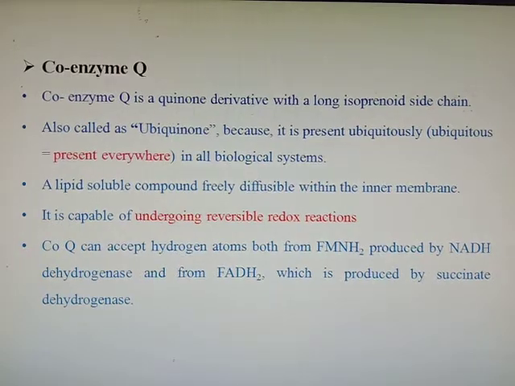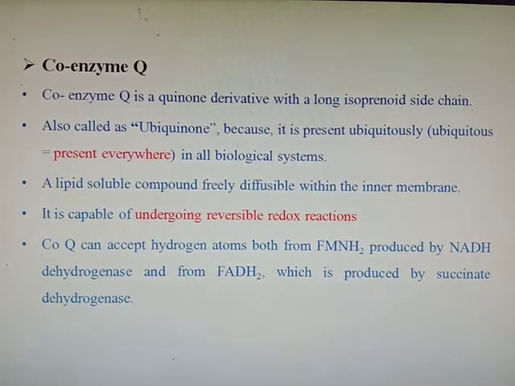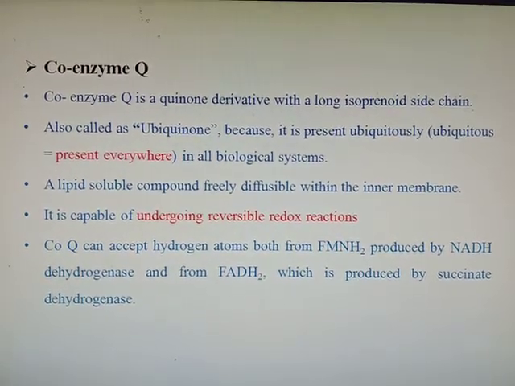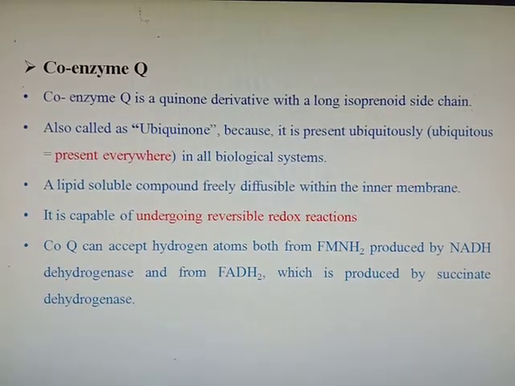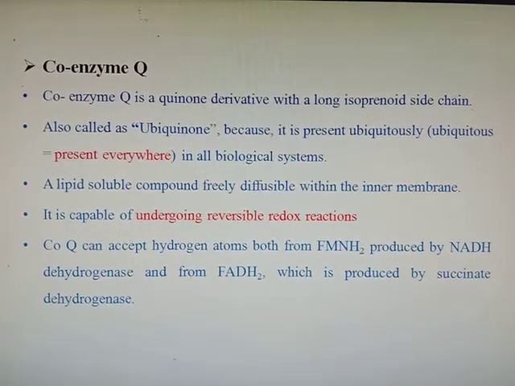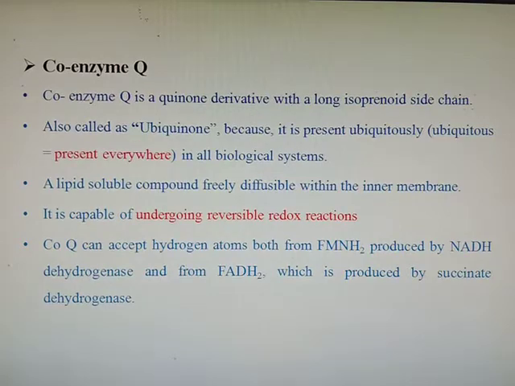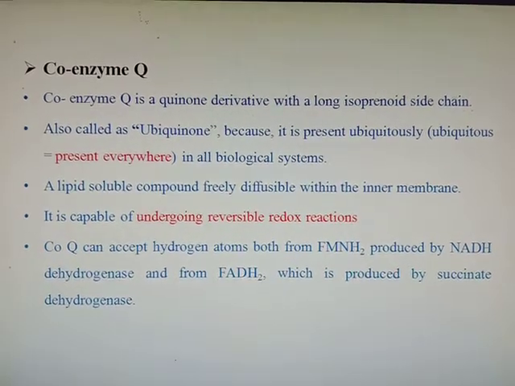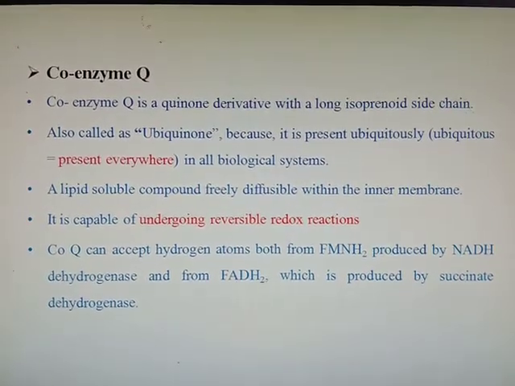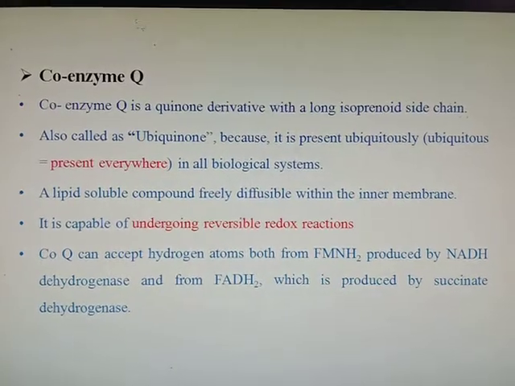It is capable of undergoing reversible redox reactions. Coenzyme Q can accept hydrogen atoms both from FMNH2 produced by NADH dehydrogenase and from FADH2 which is produced by succinate dehydrogenase in complex 2.